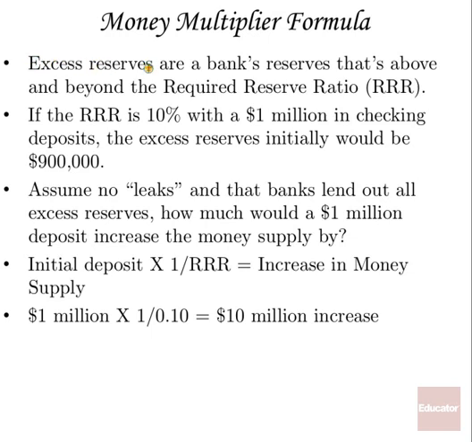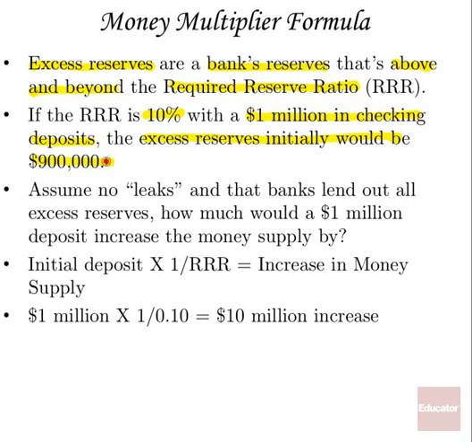The excess reserves are banks' reserves that are above and beyond the required reserve ratio. So, a very simple example. Let's say the RRR is 10% with $1 million in checking deposits. Excess reserves initially would be $900,000, meaning the bank doesn't lend out any money.